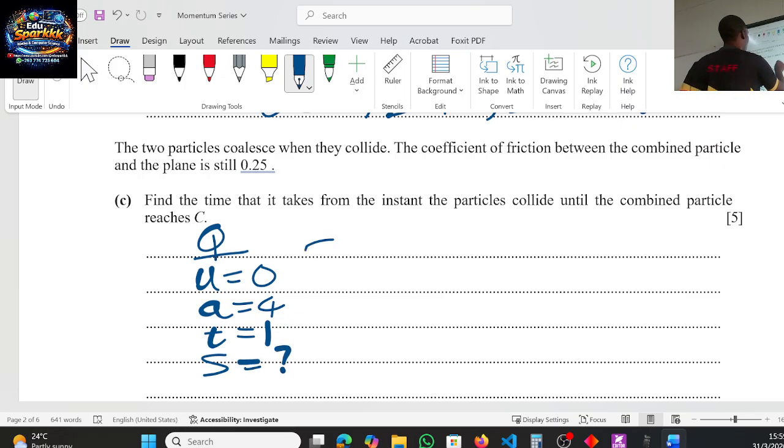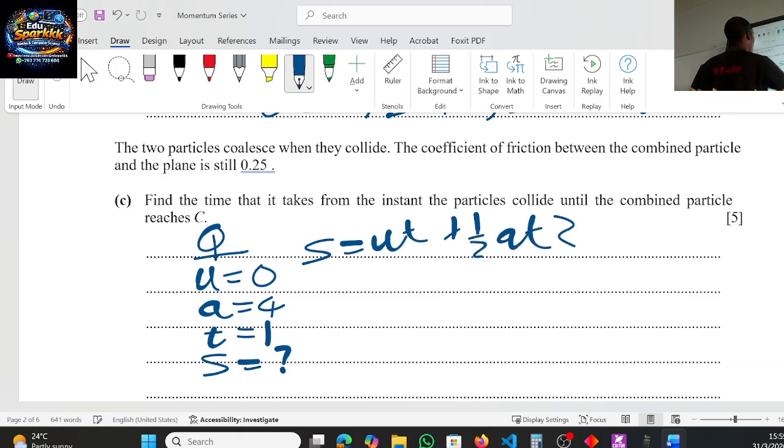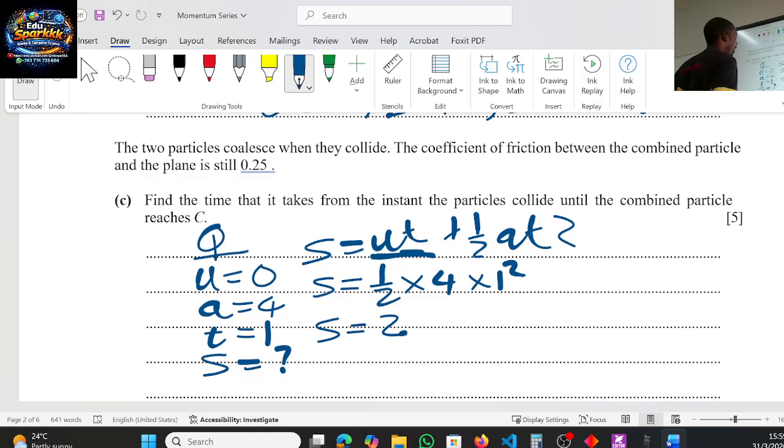So if we want S, I'm sure it's ut plus half at squared. Obviously, the ut part is going to be 0 because u is 0. Then half multiplied by 4, multiplied by t squared, which is 1 squared. So when we simplify, the distance covered before they collide was 2 meters.